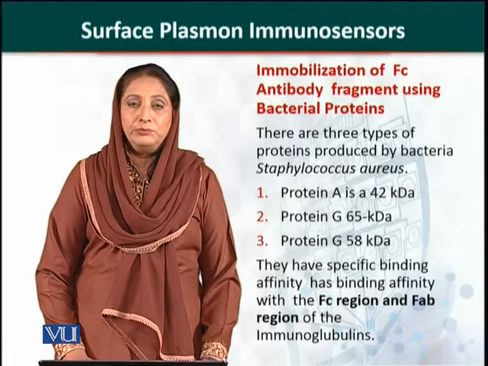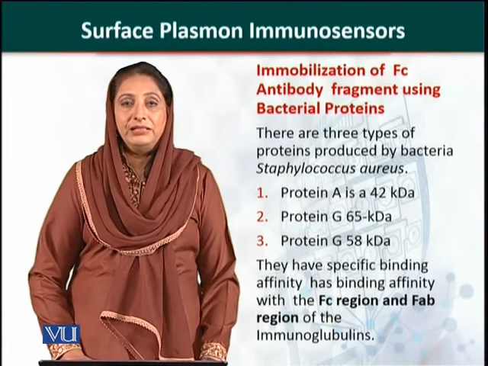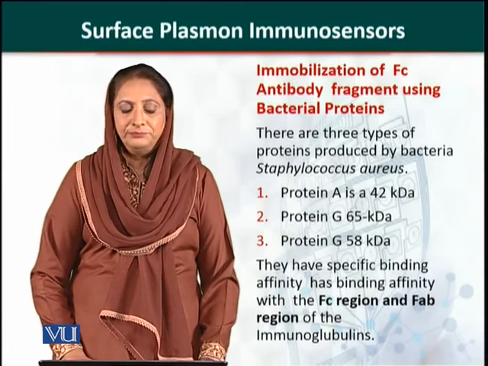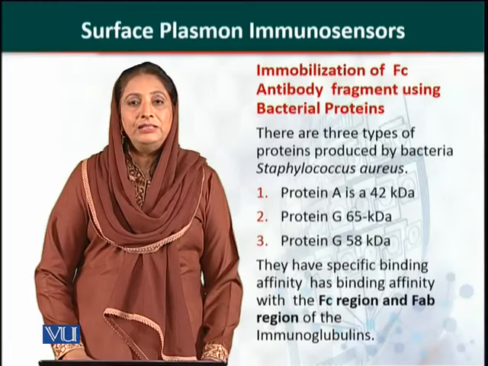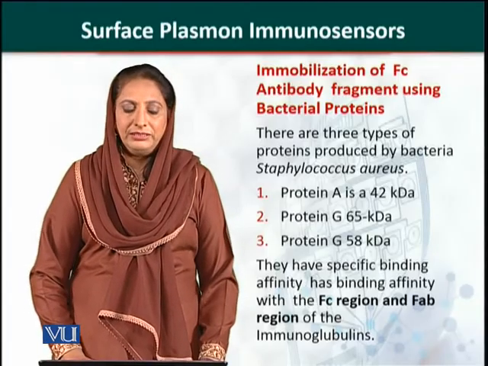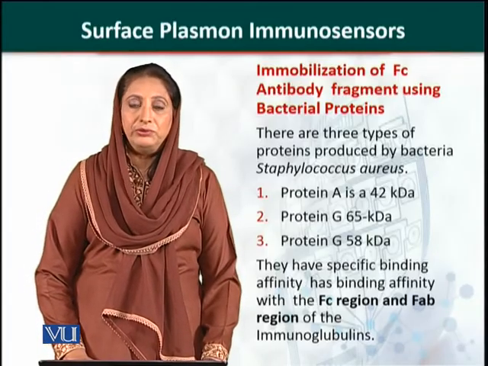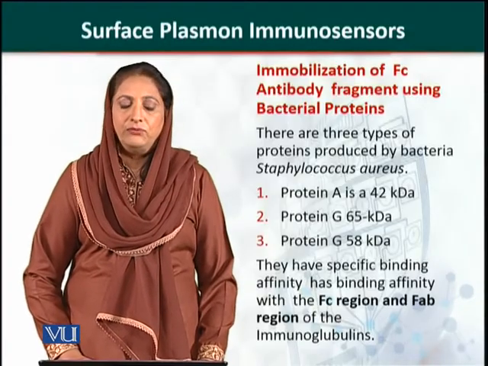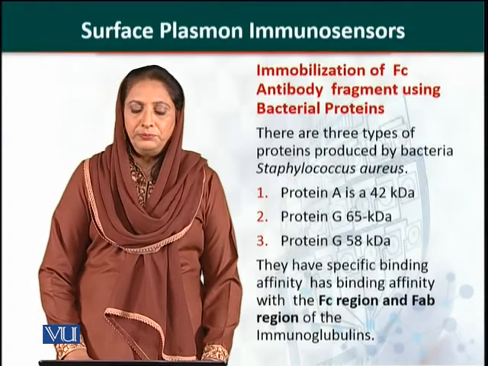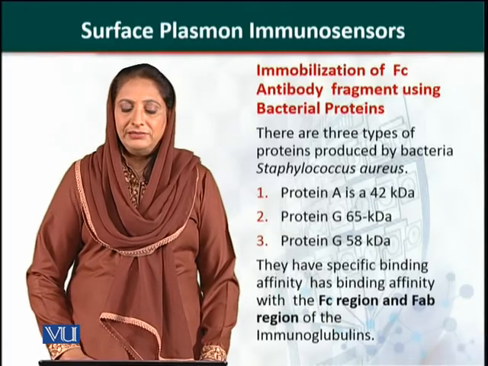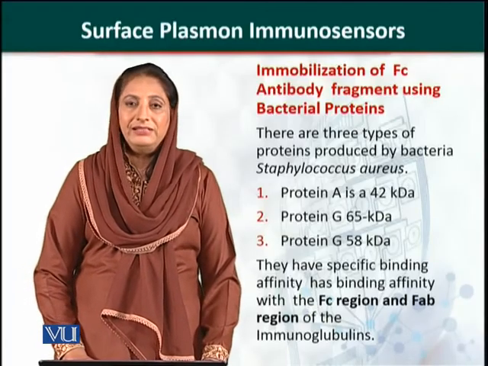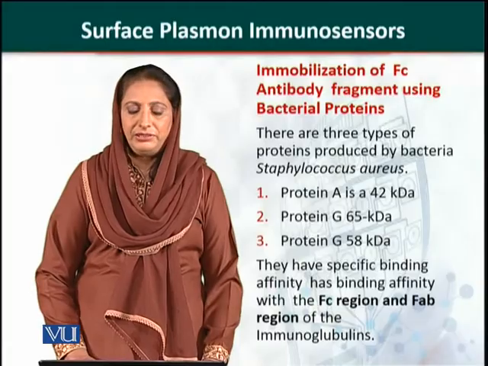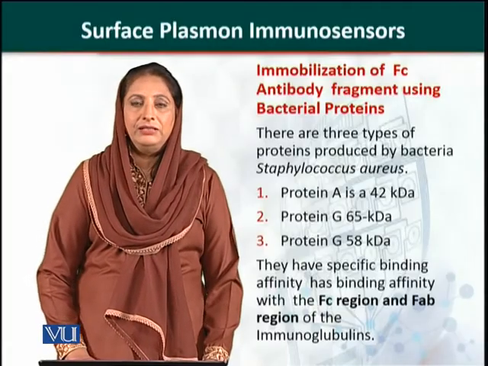These proteins are produced by a pathogenic bacterial strain, Staphylococcus aureus. ये बैक्टीरिया 3 मुख्तलिफ तरह की प्रोटीन्स प्रोड्यूस करता है. First protein is known as protein A. इसका मोलेकुलर वेट 42 किलो डाल्टन है. दूसरी प्रोटीन जी, that is 65 kilodaltons, and a variant of it has a molecular weight of 58 kilodaltons.